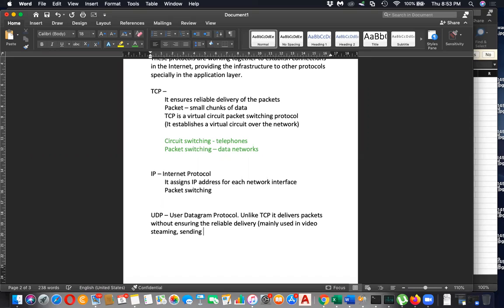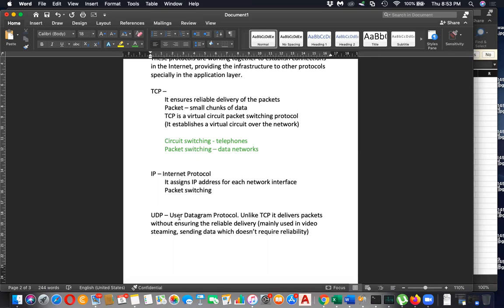sending data which doesn't require reliability. When sending data that doesn't need reliability, it is using UDP.